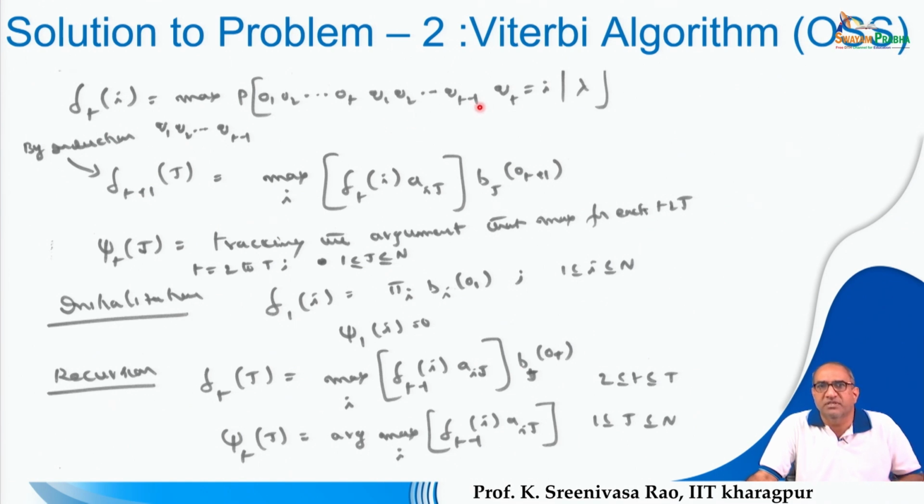At time t the system is in state i. Whereas here, for delta t of i, there are several state sequences possible that reach, at time instant t, the system being in state i. There are several possible sequences that may terminate at time t at state i.